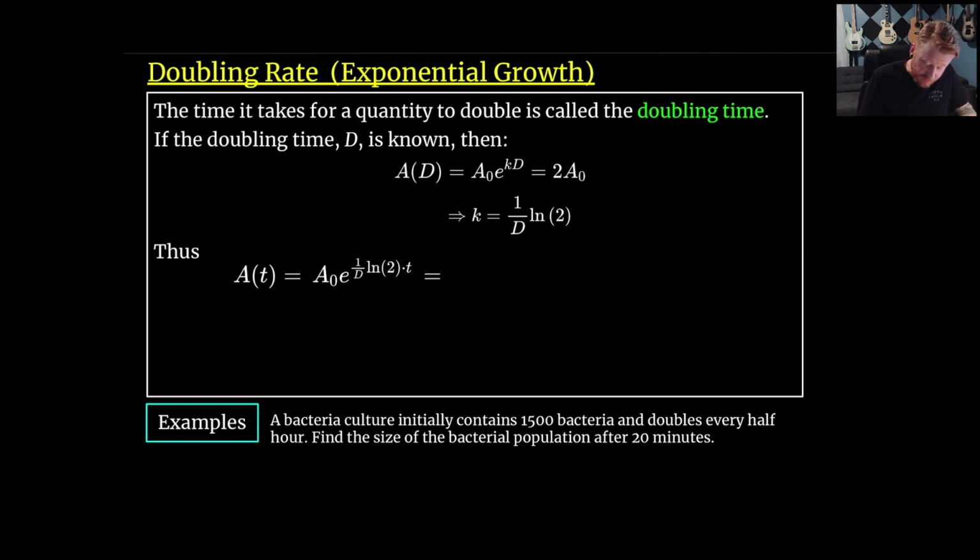So what this is telling me is I'm going to have a naught times e, and I can use my properties of exponents here, where I can take the coefficient in front of the log and put it in the exponent. So now I've got the natural log of 2 to the 1 over d, times t. A little better.